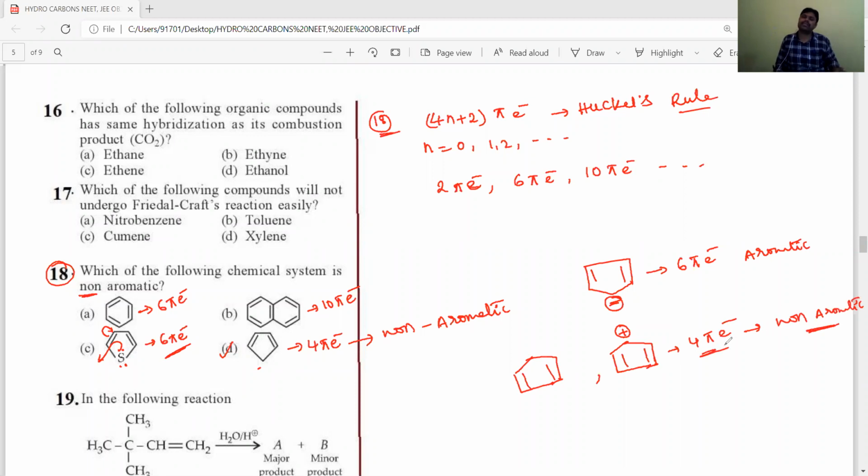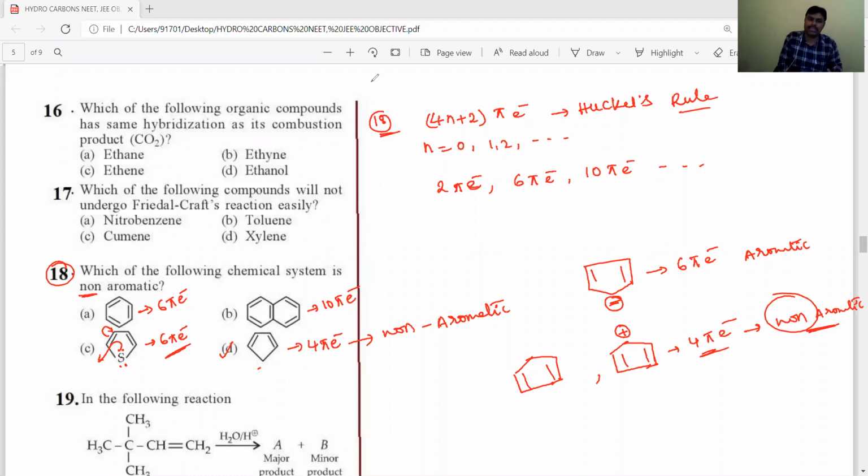If it follows 4n pi electrons, then it is called anti-aromatic or non-aromatic. So in that 18th question we have to identify which is non-aromatic. How do we identify aromatic and non-aromatic? We have to check whether the given compound has 4n plus 2 pi electrons or not. If it is present, and the compound is cyclic and planar, then the molecule is aromatic. Otherwise the molecule is non-aromatic.